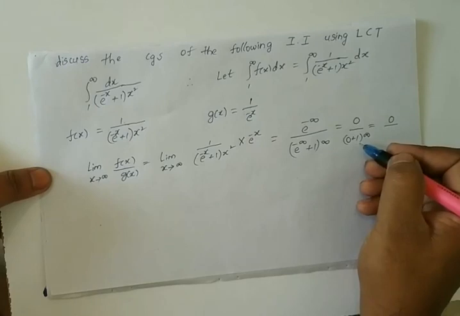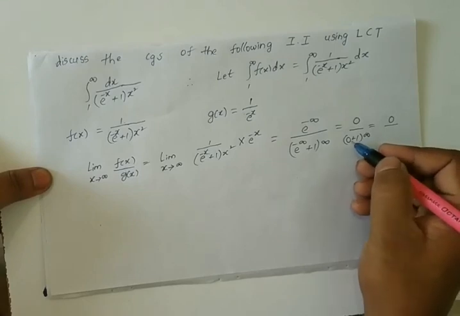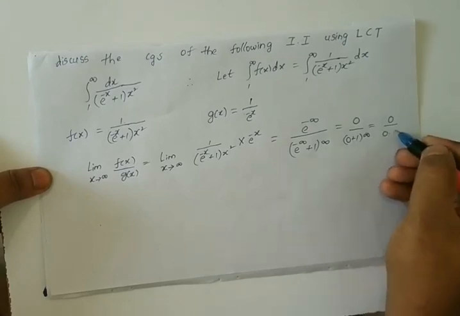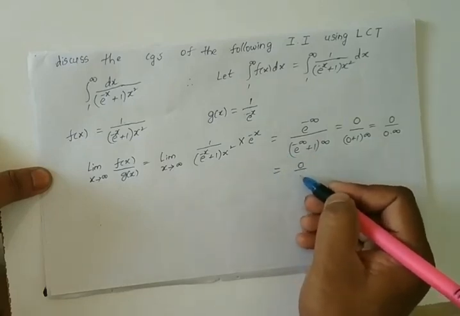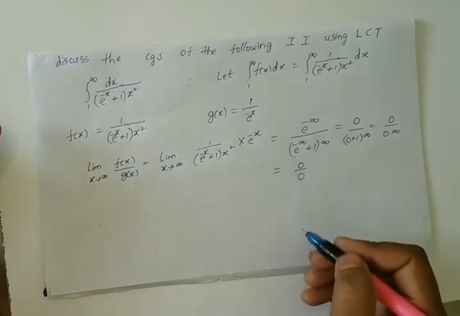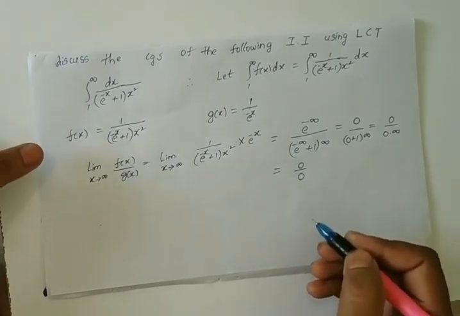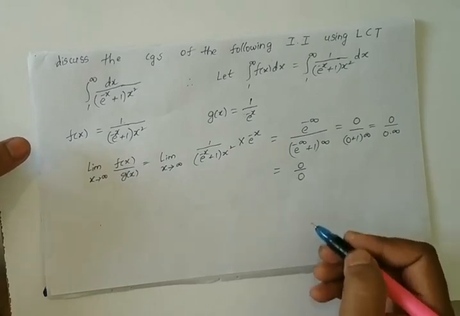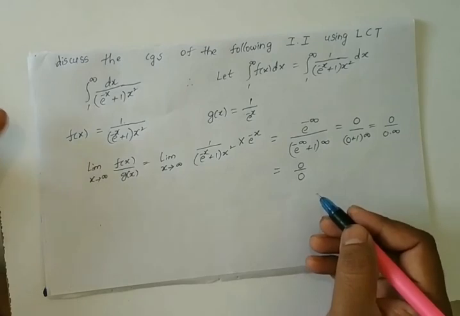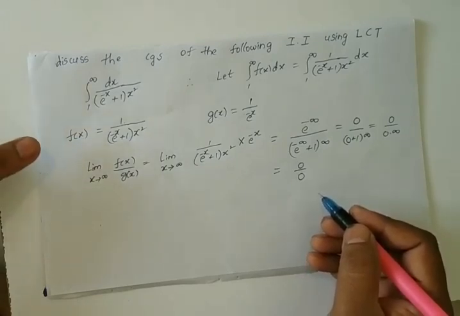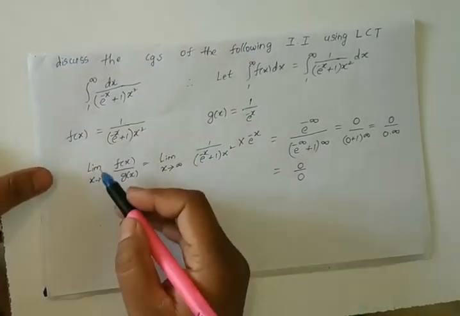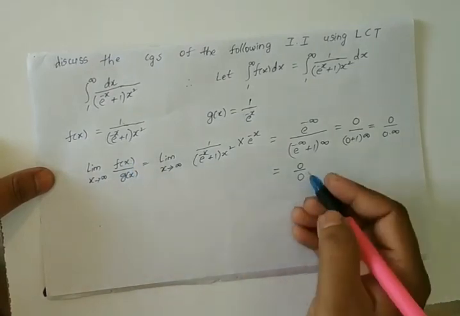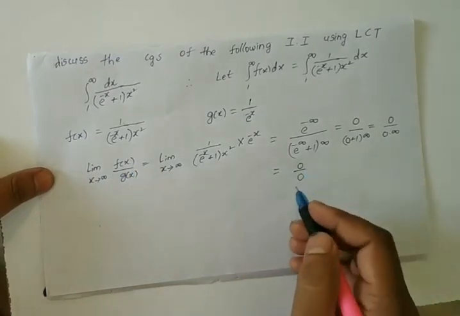So here it is 0 by 0 into infinity, always 0. The limit as x tends to infinity of f of x by g of x is equal to 0 by 0, which is an undetermined form.